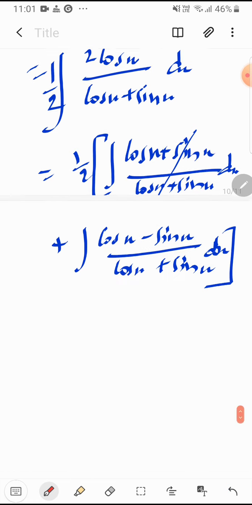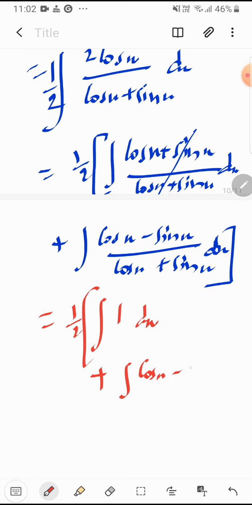In the first integral only 1 is remaining, and the second integral is attaining a standard form in which the numerator is the derivative of the denominator, so we can put cos x plus sin x as t, so the numerator becomes dt, and that can be integrated very easily.